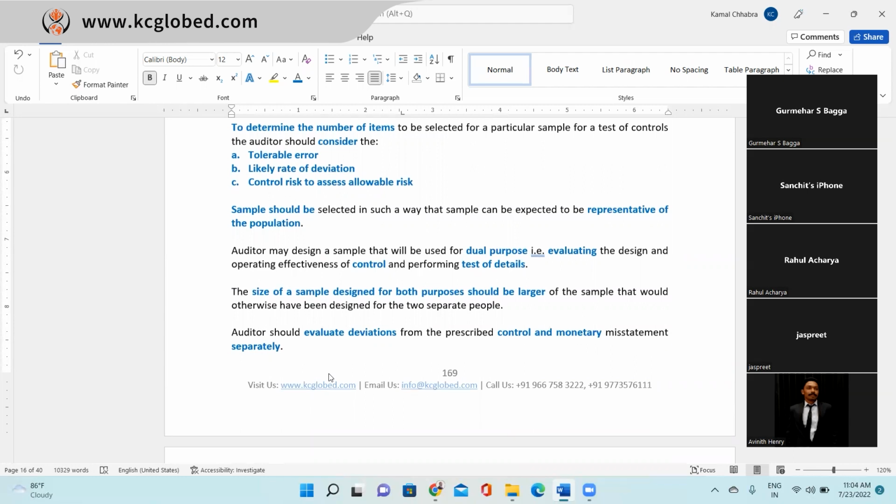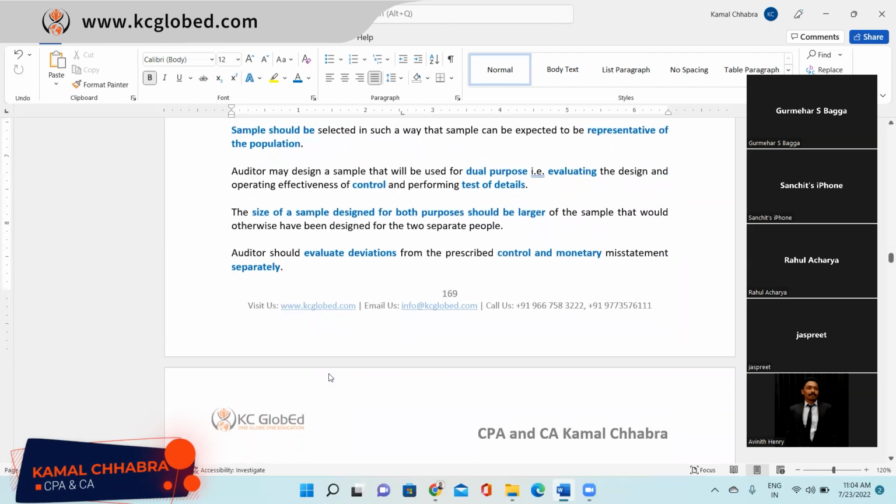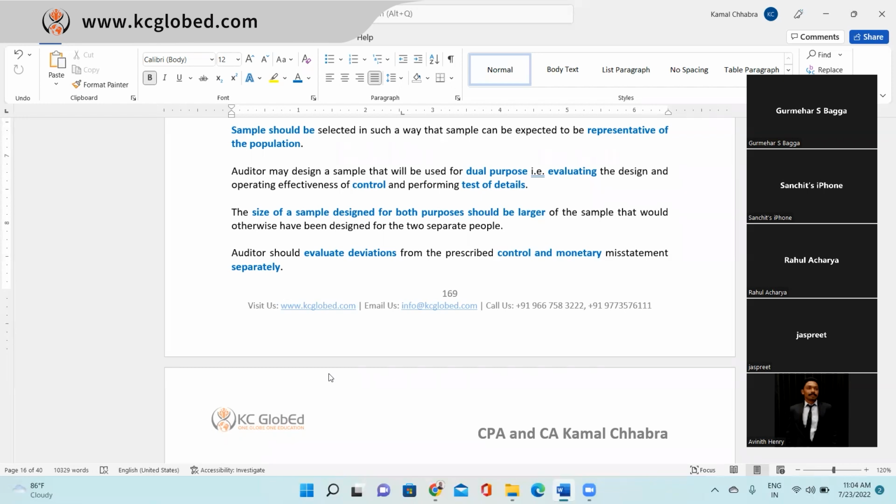Yes, sir. And samples should be selected in such a way that a sample can be expected to be representative of the population. So that is the reason most of the time in testing of control, we use statistical sampling, because statistical sampling generally represents the entire population.